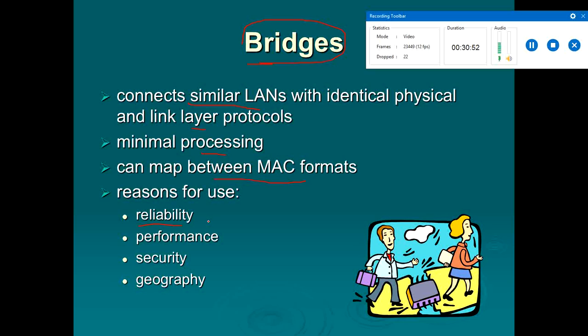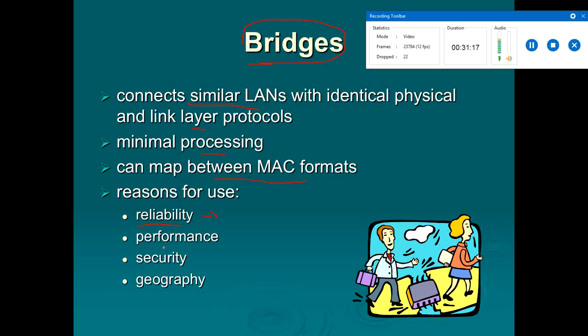That means your whole network can be down. If we use a bridge, only a part of the network can be down, and the other part is still working. By using a bridge, the network can be partitioned into self-contained units. So if there is a fault in one LAN, the other LAN will still be working. So one reason to use a bridge is reliability.